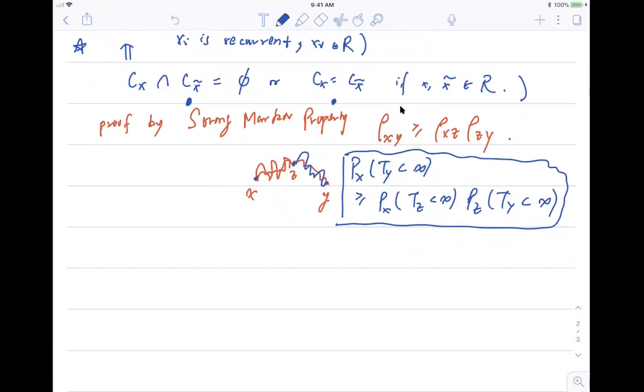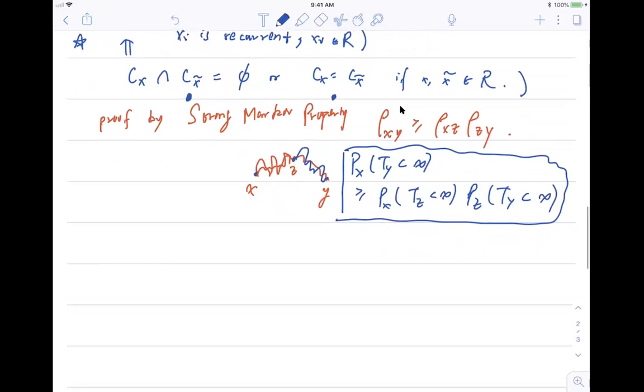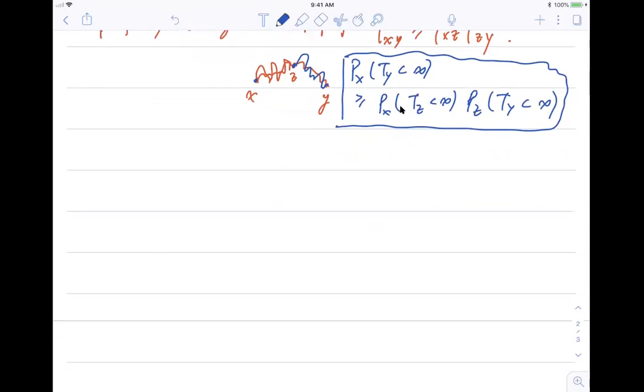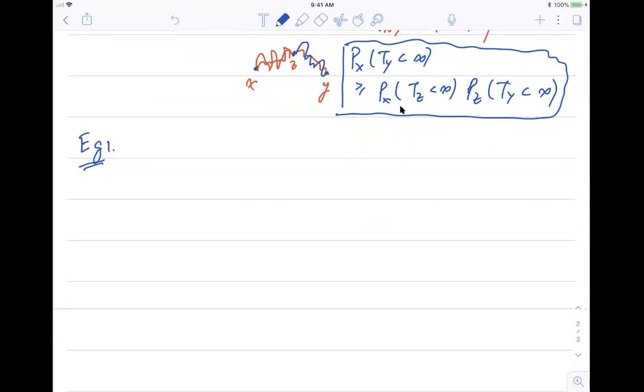We'll talk a little bit about the branching process. Branching process is one example of a Markov chain.